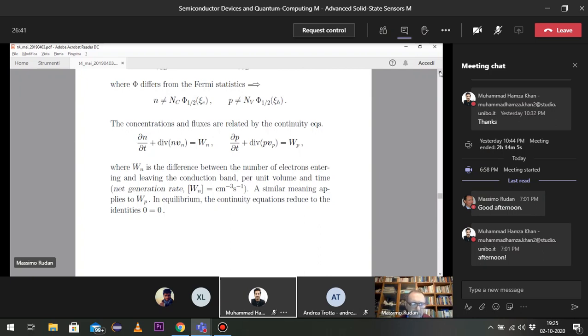An electron or a hole that makes a transition exchanges energy. For several reasons, it is convenient to distinguish the transitions depending on which entity is exchanging the energy with the electron or hole. Okay, so we classify the transitions depending on the other entity that exchanges energy with the electron.